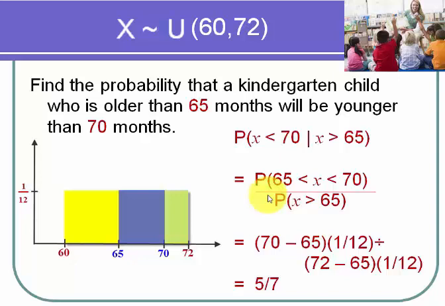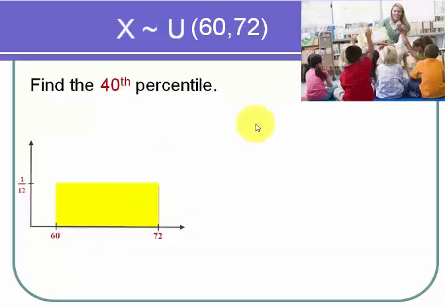So now let's look at one more example with this kindergarten class. Let's find the 40th percentile for this kindergarten class. So remember the 40th percentile means that the area, or the probability, to the left of the 40th percentile is 0.4.